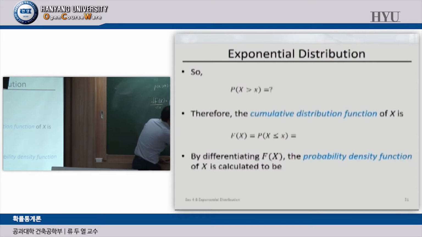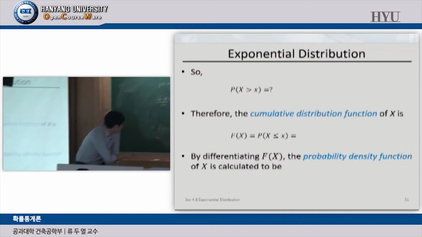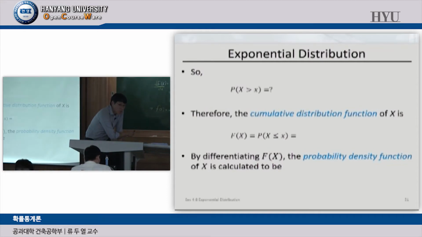So this is equal to lambda e to the minus lambda x. So that is the probability density function of the exponential distribution, okay?